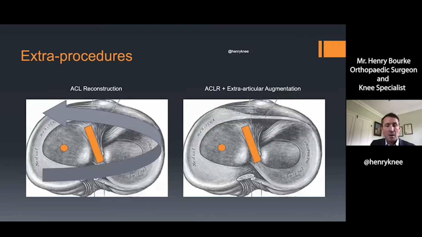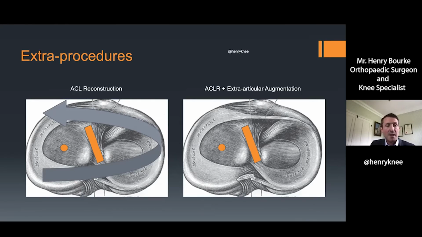And the biomechanics of that are illustrated here, and it's to do with the control of rotation. On the left-hand side, you will see a picture of the tibia, and the tibia and femur rotate together. Now, if you're controlling rotation, it's all about the distance from the pivot point, which is represented by the dot there.